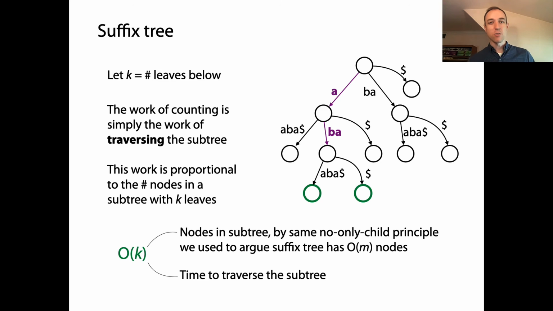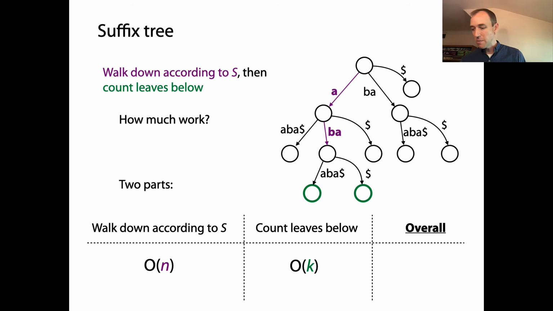So that actually answers the second part of the question. The first part of the time bound was how long it takes to walk down according to the characters of S. That's big O of n, constant work per step. How much work is it to traverse the subtree rooted at the end of that walk? That's big O of k, where k is the number of leaves, in other words, k is the answer to our query.